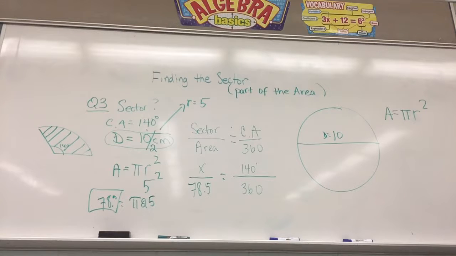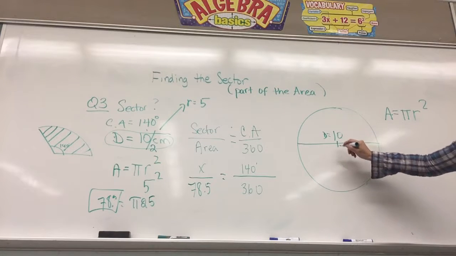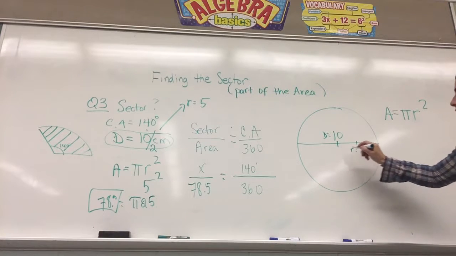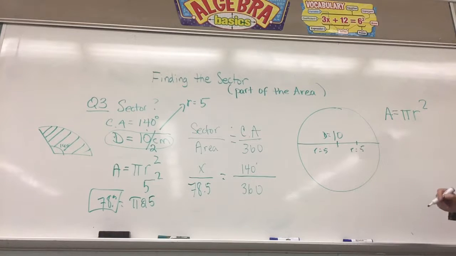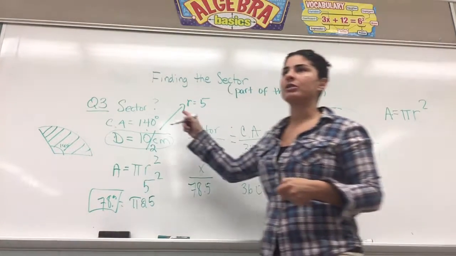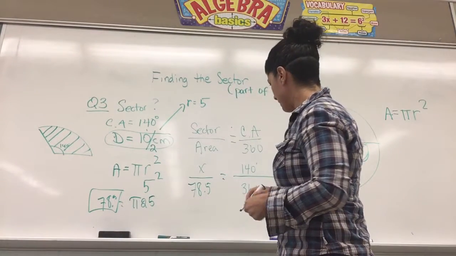It's like, hey, come and find me. So how would you find it? You would take the 10 and divide by 2. The radius is 5. You see the radius on both sides is 5. I need this piece of information to plug in there. That's why I divided by 2. Good question.